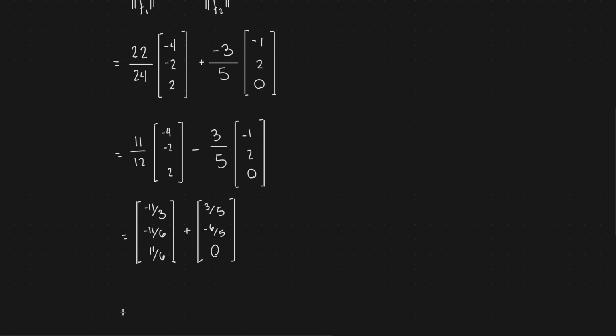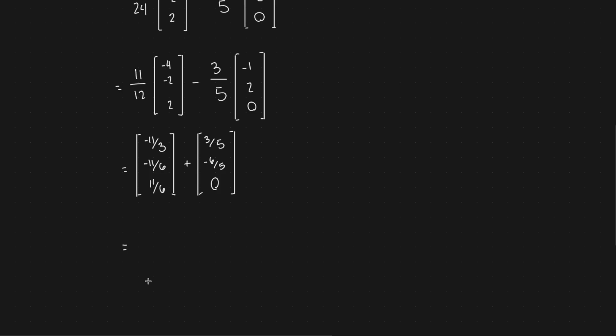Let's do a little fraction arithmetic. I need to add the two vectors, and I've got some fractions. So negative 11/3 plus 3/5. The least common denominator is going to be 15. Negative 11/3 is negative 55/15, and 3/5 is 9/15. Negative 55/15 plus 9/15 is going to be negative 46/15.